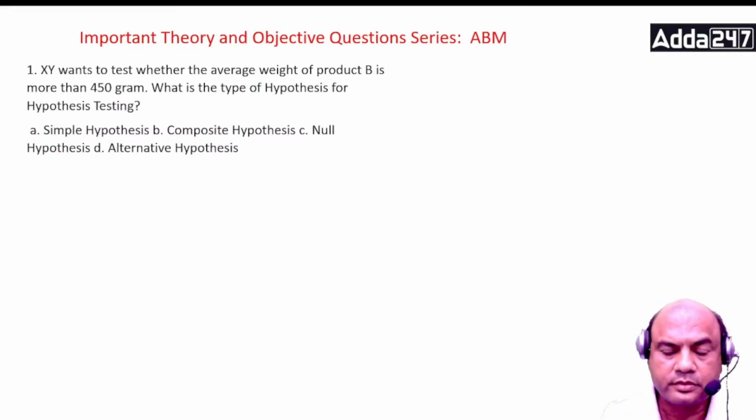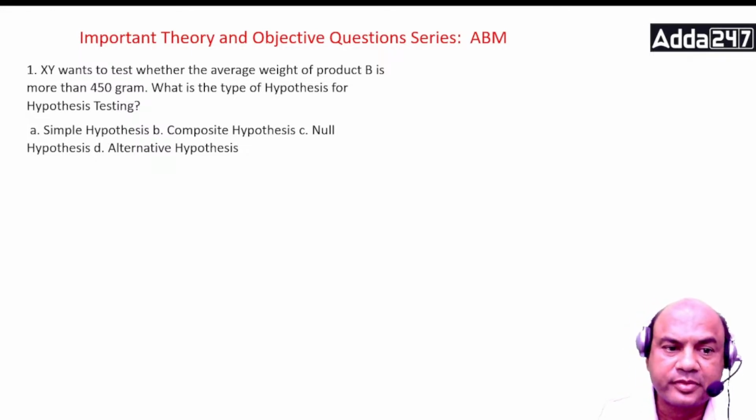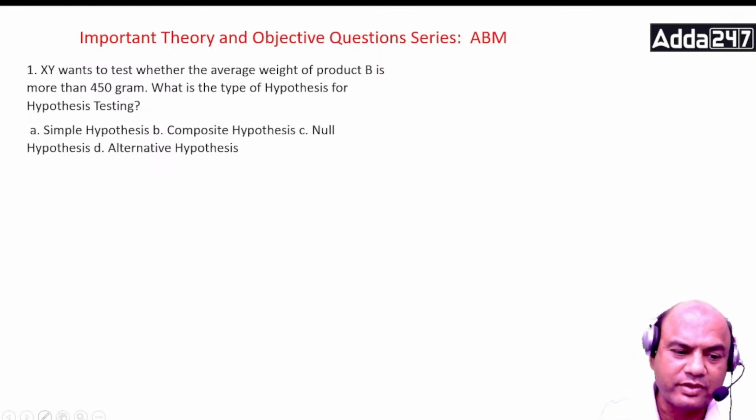Clear? Okay, one more and then we'll stop. XY wants to test whether the average weight of the product P is more than 450 grams. What type of hypothesis is required for this testing? Simple hypothesis, composite hypothesis, null hypothesis, and alternative hypothesis. Now this is a bit difficult, even I understand, because we are not that much used to statistics.